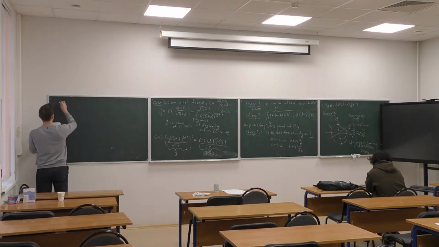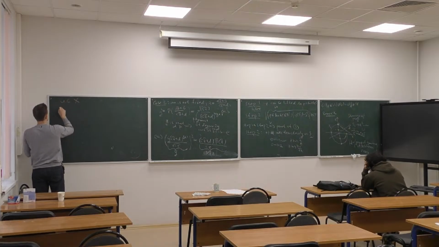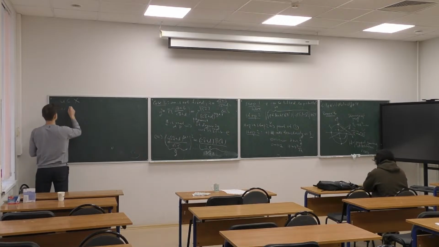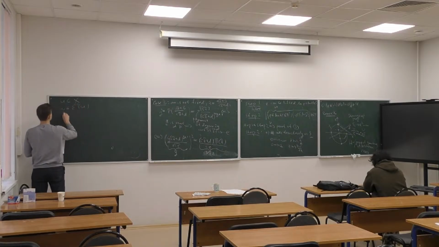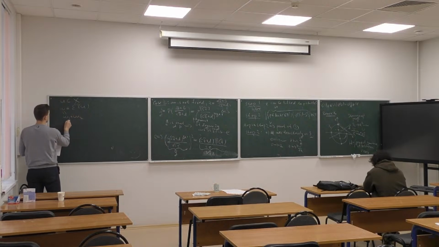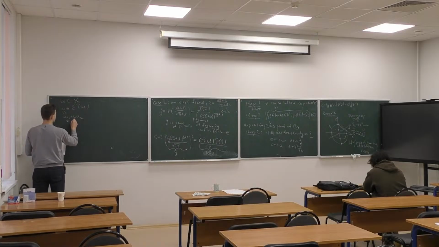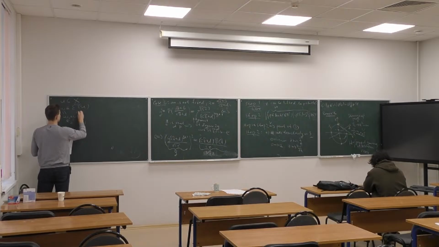Yes, so if we have some Riemann surface and an open set U, and you have some smooth form on U, then you can decompose it as a sum of a form of type 1,0 and a form of type 0,1.